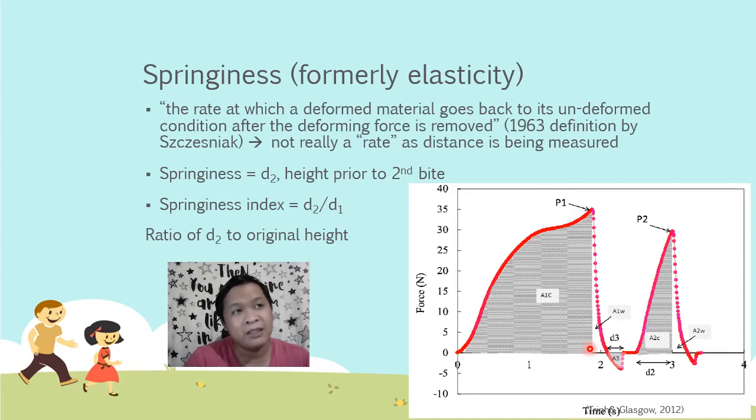Meaning to say, if it took twice the amount of time to get to that position, then it's twice the distance as well kasi constant naman yung rate ng distance over time na ginagalaw ng probe. Springiness D2 is the height prior to the second bite.